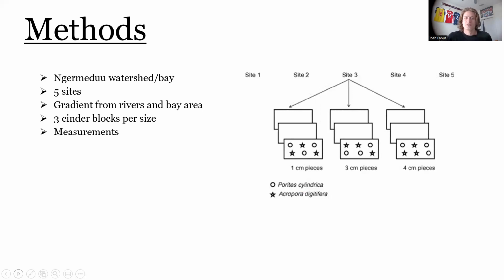Just to get into a little bit of the methods, I don't want to go over it too much because it's not super important, but they took these cinder blocks, as you can see in the graph here on the right. These rectangles represent cinder blocks, and the stars and circles represent 2 different species of coral that they transplanted into these cinder blocks. They placed 9 different cinder blocks, 3 for each different size of coral, into the freshwater ecosystems, because in this case there's not an actual coral ecosystem.